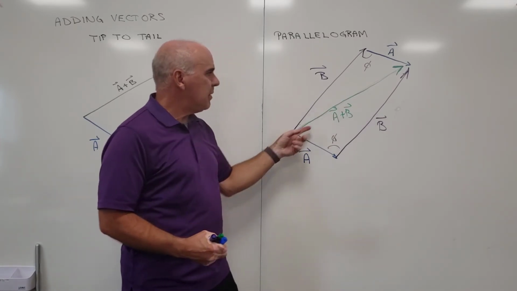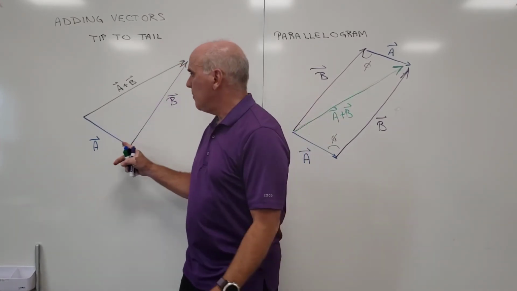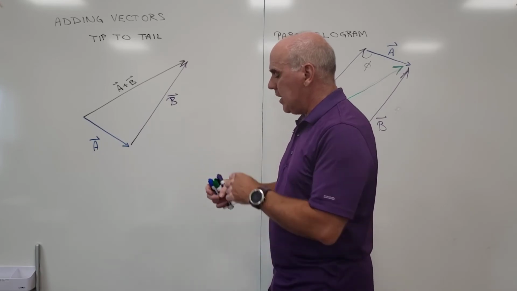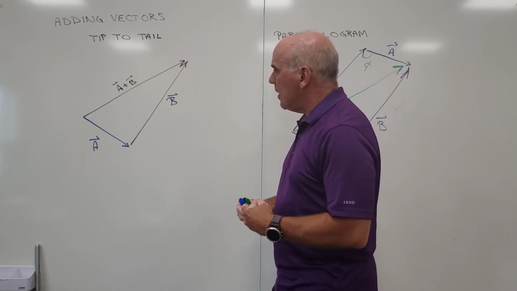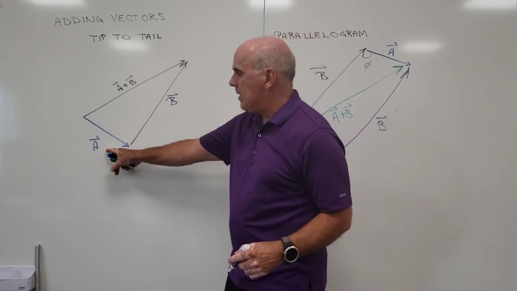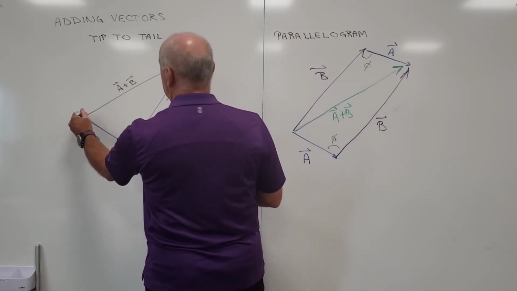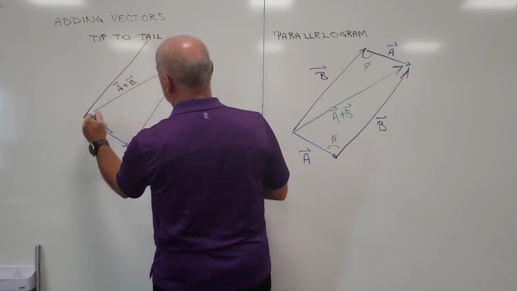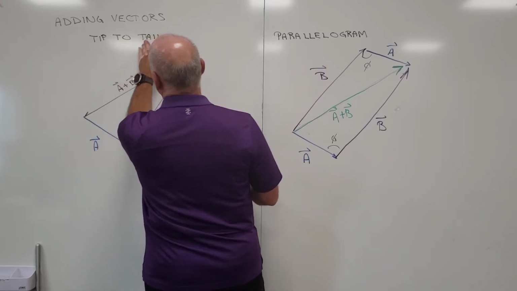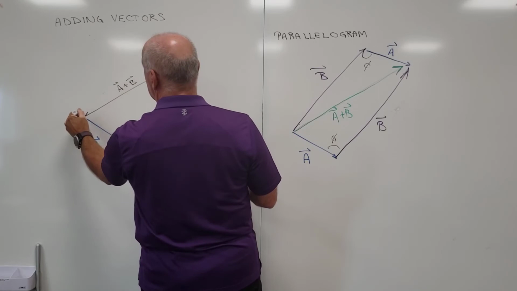Well, this really isn't much different than this over here, because if you think about it, I could have started, instead of taking path A first, I could have taken path B first. Okay, so that might end up, I can draw that a little better.